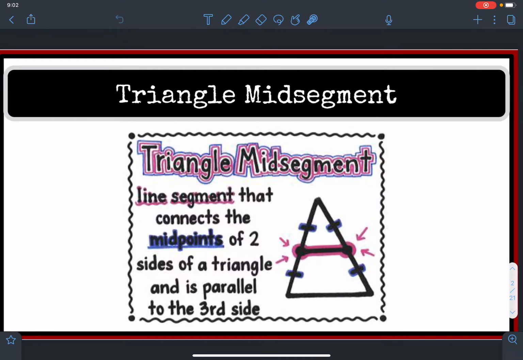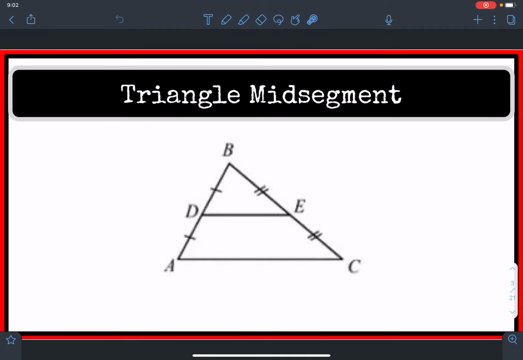So let's look at that situation on a triangle that's labeled, and let's identify the things we just spoke about. Let's start with the angles. Like I mentioned earlier, this angle D and this angle at the vertex A are going to be congruent.